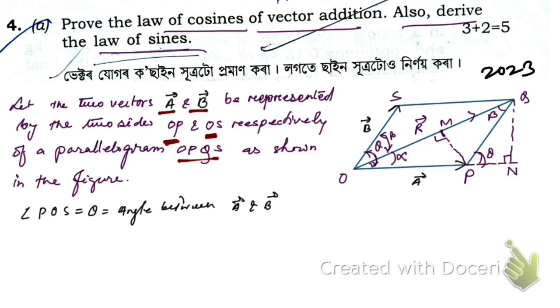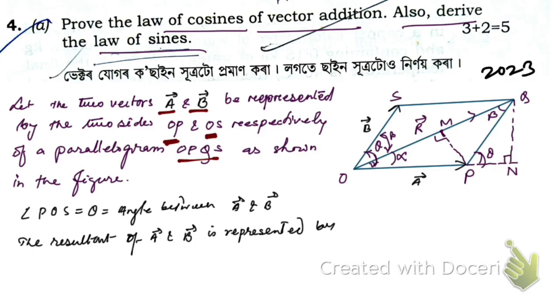And the resultant of vector A and vector B is represented by the diagonal OQ.